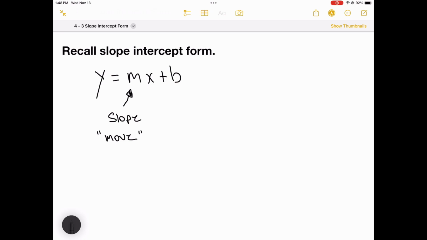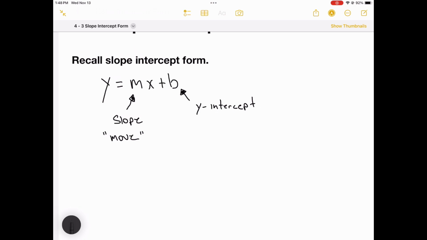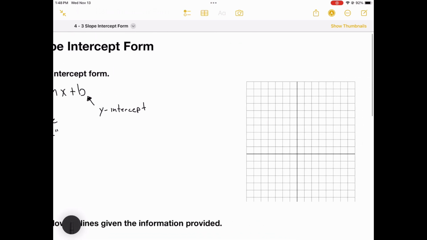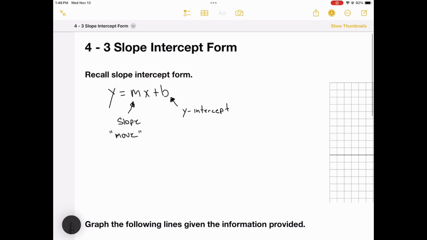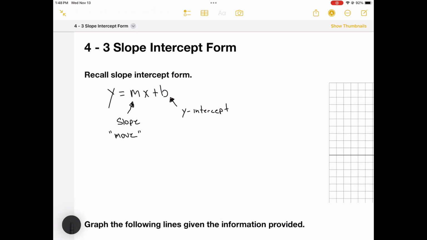The b is the y-intercept. That is the place you start on the y-axis, so somewhere on this axis right here. Next we have the y here.